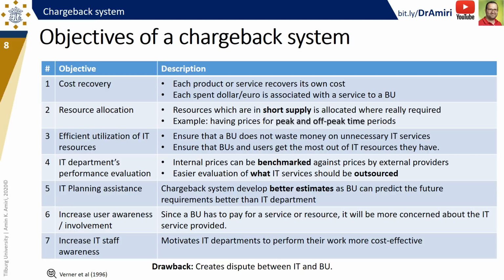So if we charge the schools at the university for the computers, they don't just go and try to order as many computers as they can. They will be more cognizant of the expense. So again, CIOs can force departments to use the IT resources in an efficient manner.